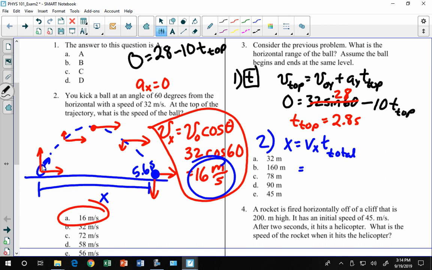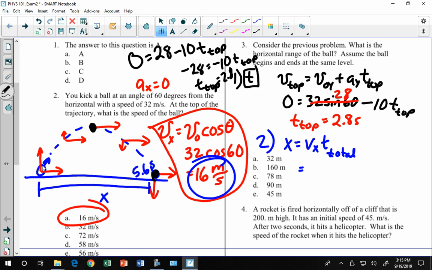So I subtract 28 from both sides, and I get negative 28 equals negative 10 t top. Then I divide both sides by negative 10. So t top equals 2.8. But remember, that's the time up here. Since I'm looking for the time down here, I have to double it to 5.6 seconds.